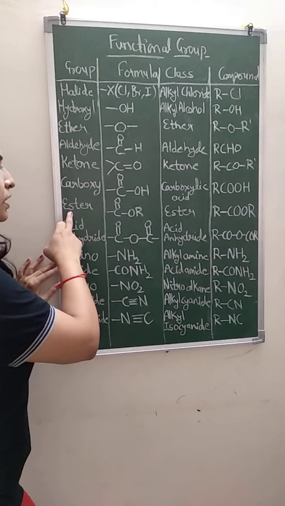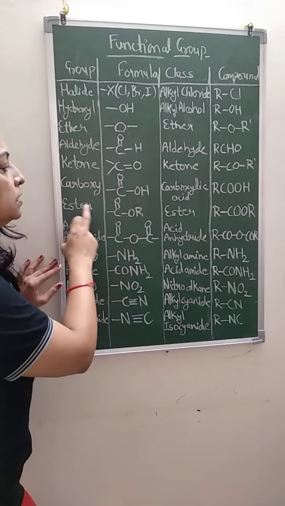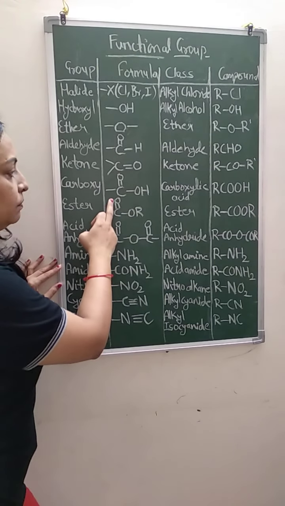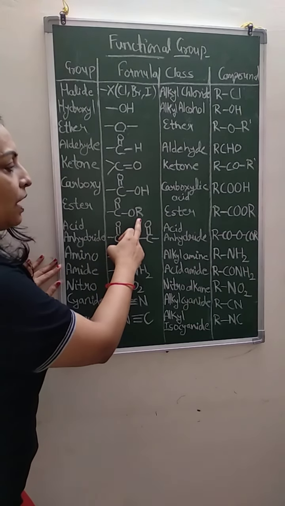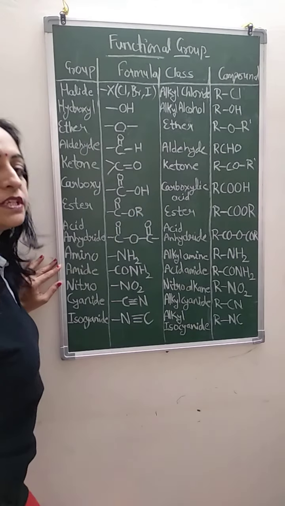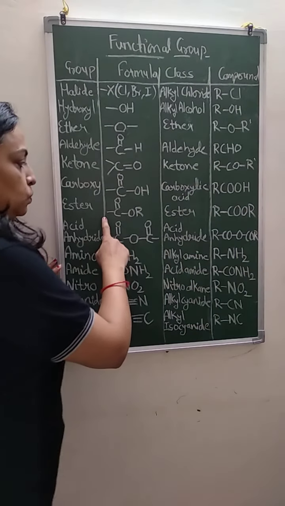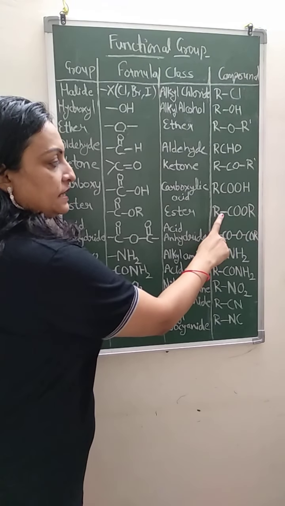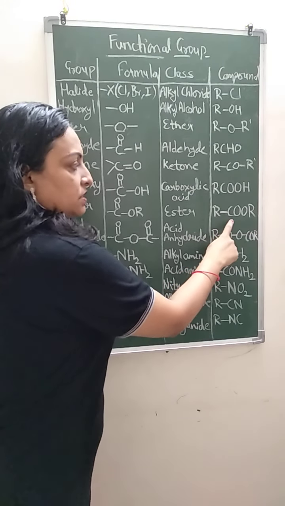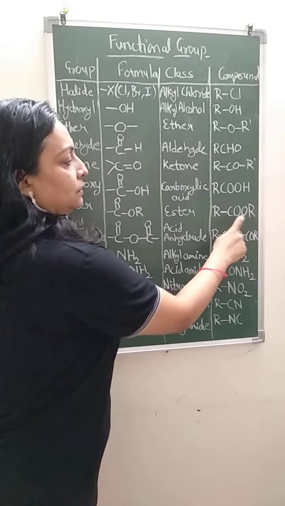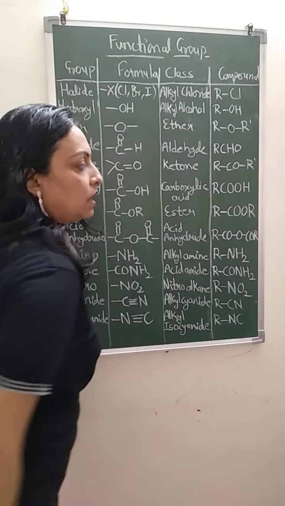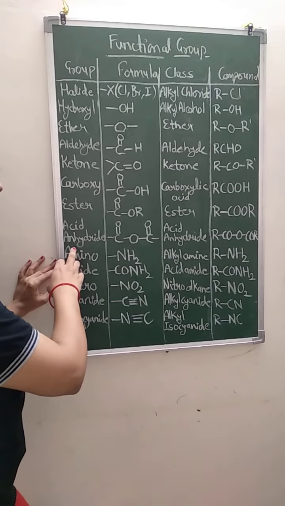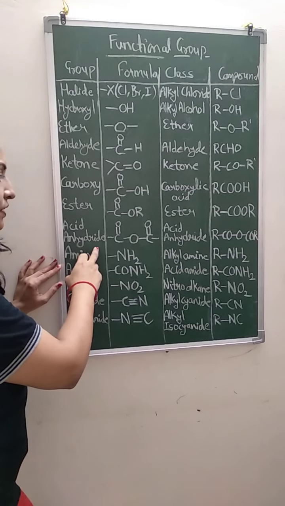Now next is ester. Ester is represented by a vacant position, C double bond O, and again O and R. So this is the representation of ester. Its class name is ester and its compound formula is R joined with COOR. This COO represents our class ester. Okay. Now next is acid anhydride.